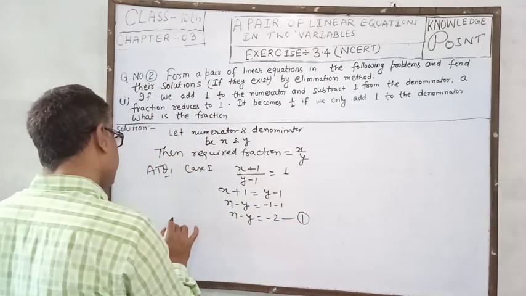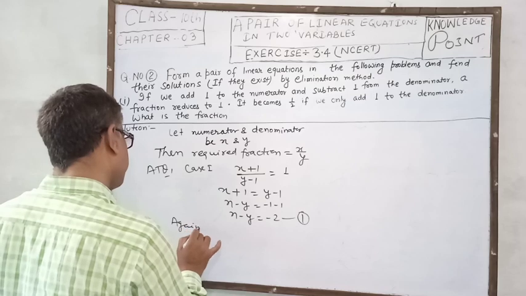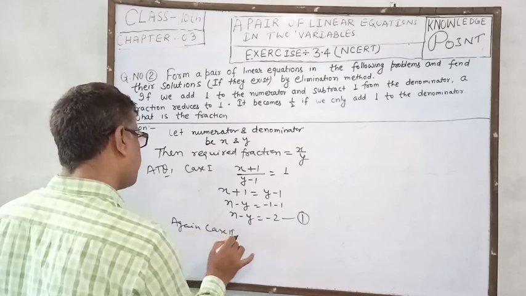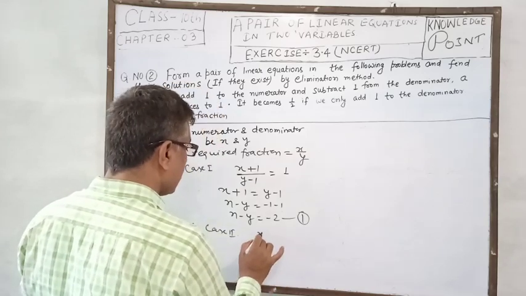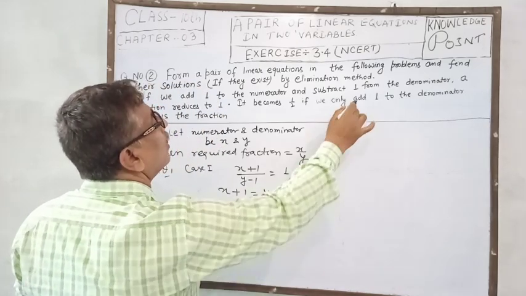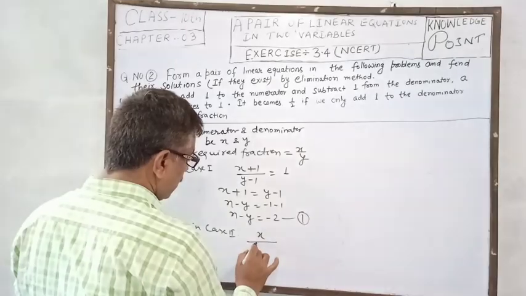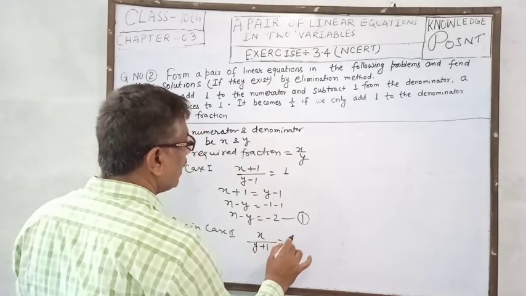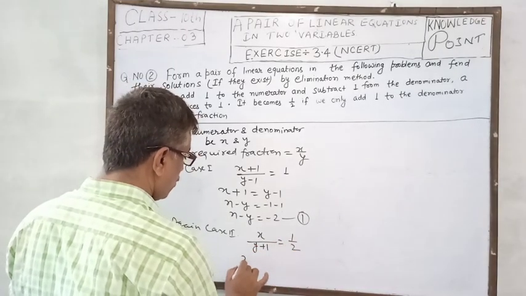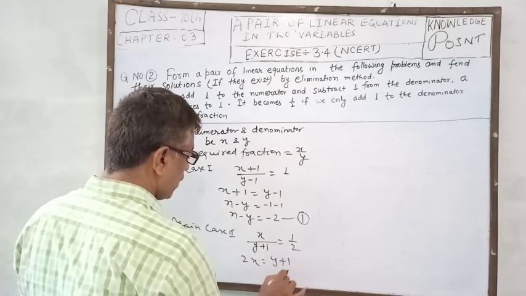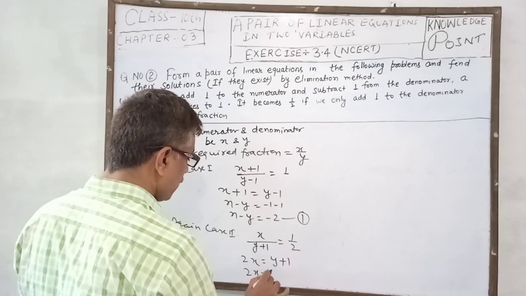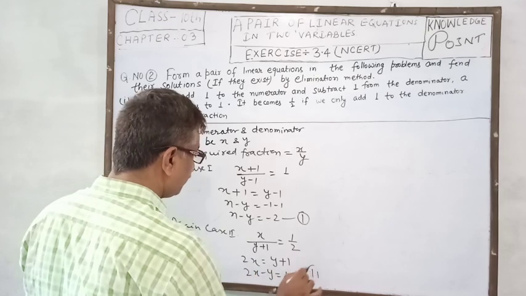Again, case second: if 1 is added to only the denominator, it becomes 1/2. So by cross multiplication, 2x equals y plus 1, so the second equation is 2x minus y equal to 1.